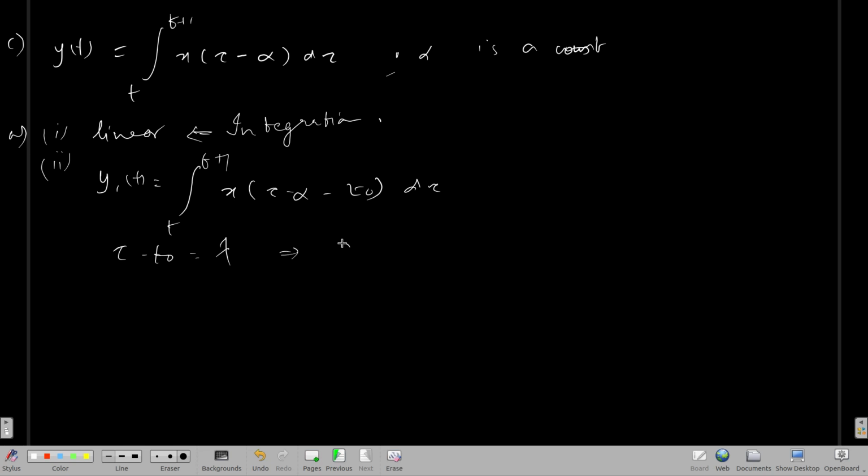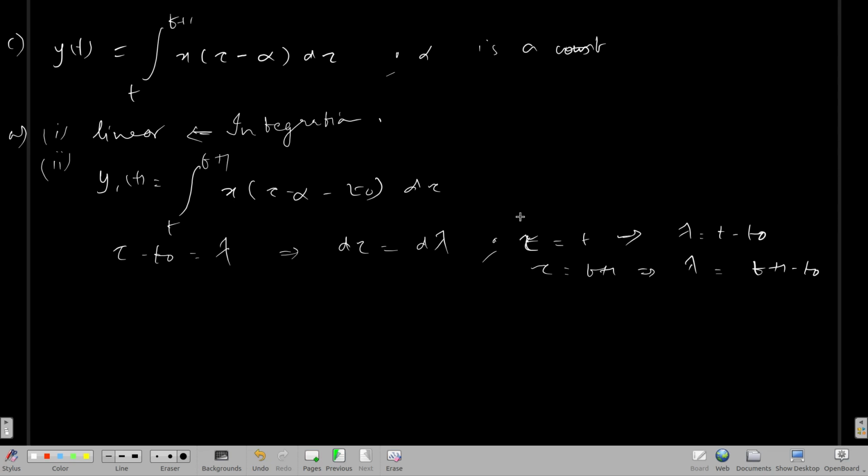So from this we have d tau equal to d lambda, and as tau equals t, lambda equals t minus t0, and as tau equals t plus 1, lambda equals t plus 1 minus t0.